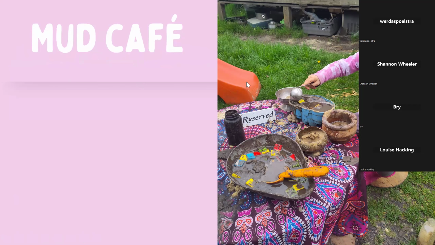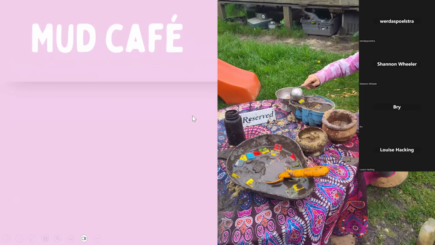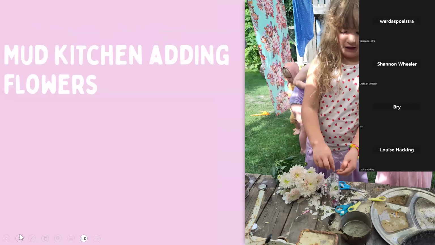So you can see my mud kitchen is not an attractive looking thing at all, but it is used all day, every day, non-stop. And you could really facilitate something similar. In that last picture, that's a cable drum. That would do the job just as well, if you don't want to have something permanently in your garden.